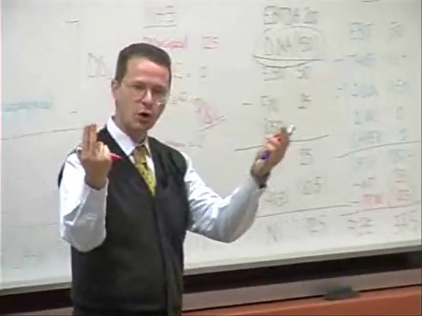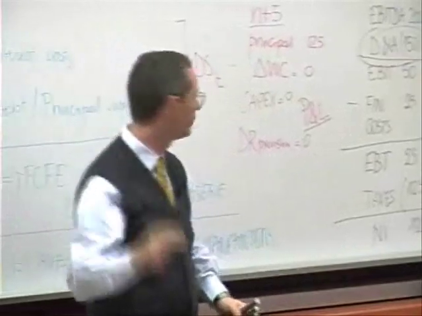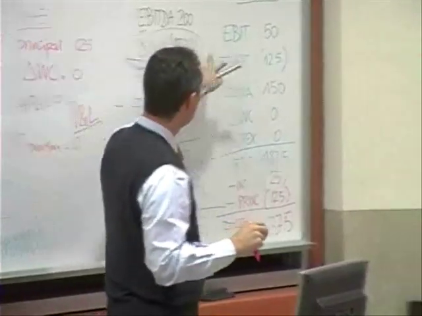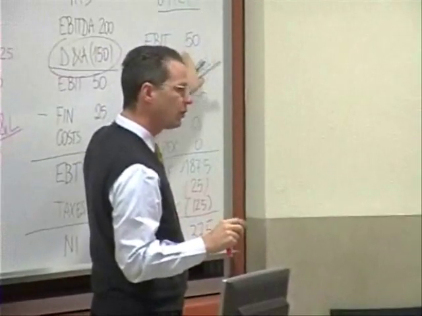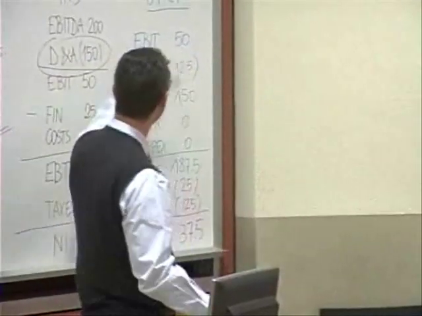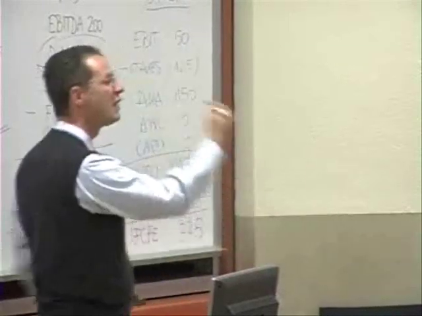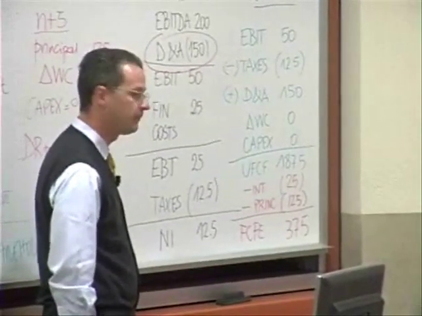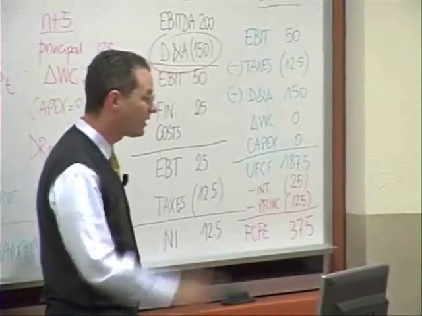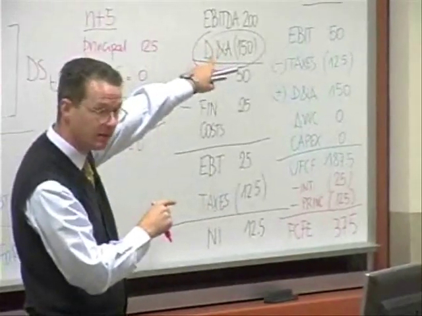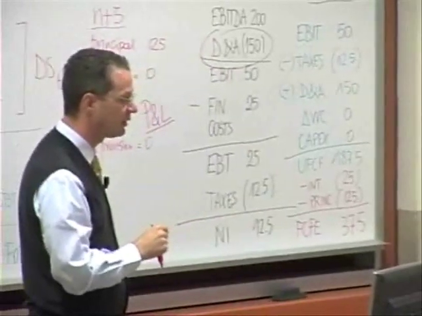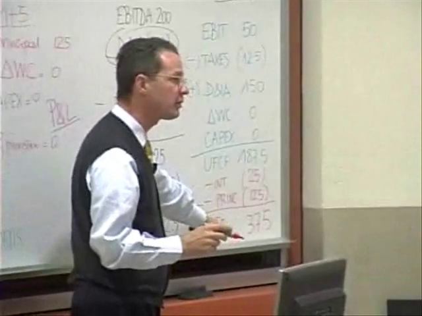Now, compare two relevant flows. The first one is D&A. In the calculation of unlevered free cash flow, there is one value that affects the value of unlevered free cash flow, but not the value of net income. Which is this value? There is one value affecting the value of cash flows, but not the value of net income. It is the principal repayment.